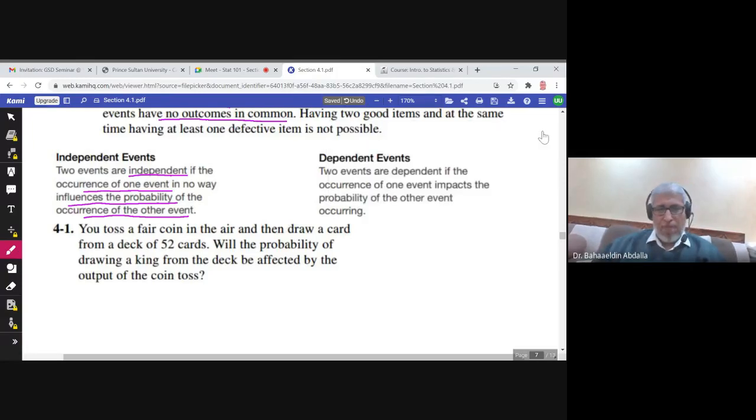For example, if I ask you, what is the probability that you come to the class on Thursday, and you say it is 0.7, that's okay. This is the probability of an event, which is you coming to the class on Thursday.